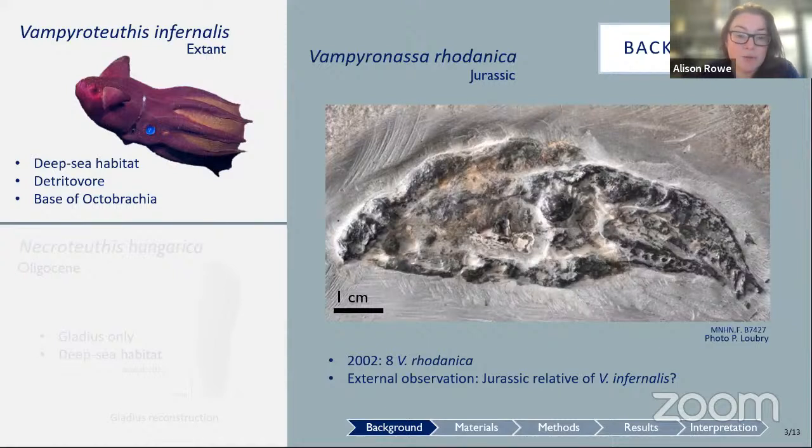In 2002, Fischer and Riou described a series of 8 specimens from this locality and assigned them as a new species, Vampyronassa rhodanica. Based on external observations, they positioned them as the oldest likely relative of Vampyroteuthis infernalis, our friend over here. Again, this is the only extant vampyromorph.